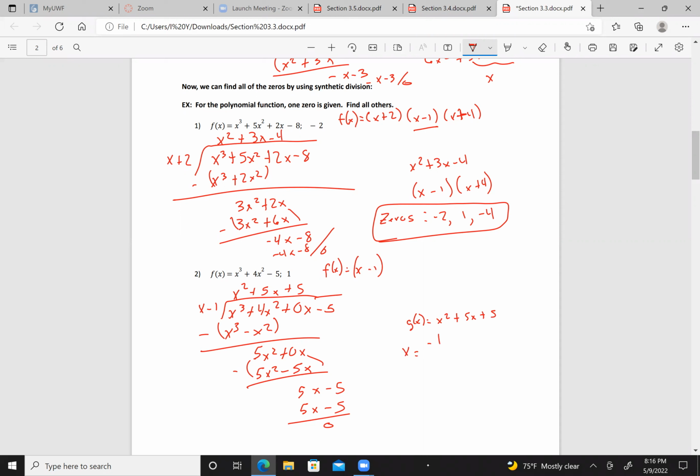x equals negative b plus or minus the square root of b squared minus 4ac, over 2a.